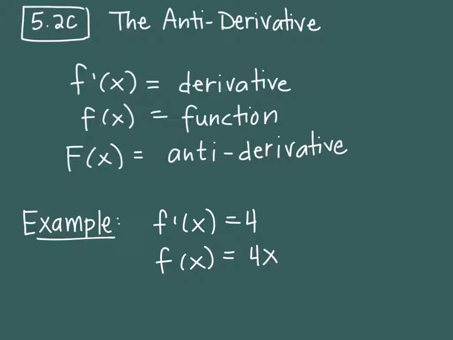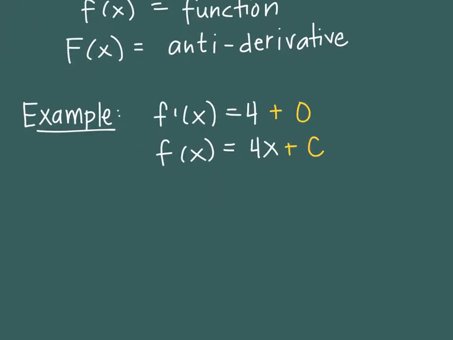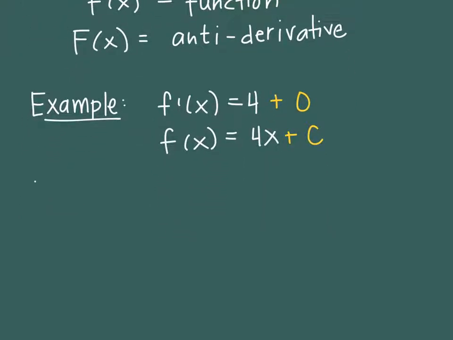We also talked about the idea that there could be a plus 0 here that you wouldn't necessarily see, and so the original function could have had a constant on the end, plus c, which when you took the derivative to check your work would disappear into 0. So as we work with the concept of an antiderivative, it's always important to remember that that plus c could be there.